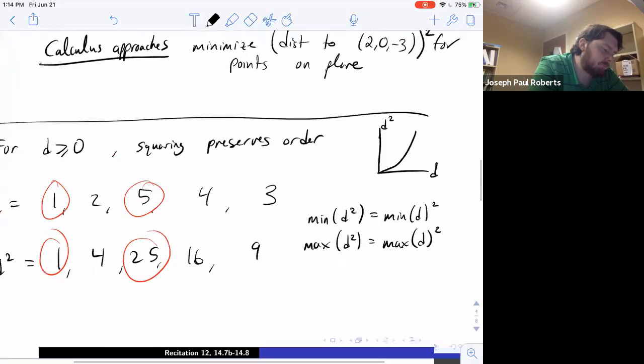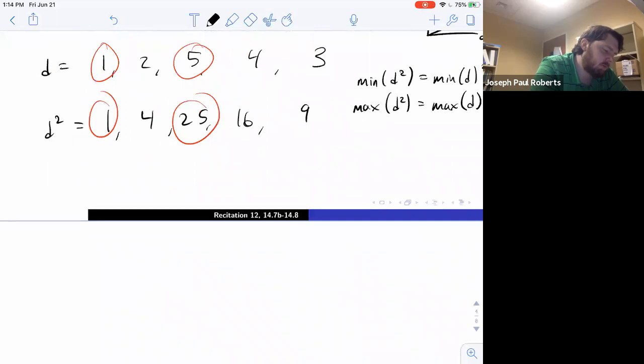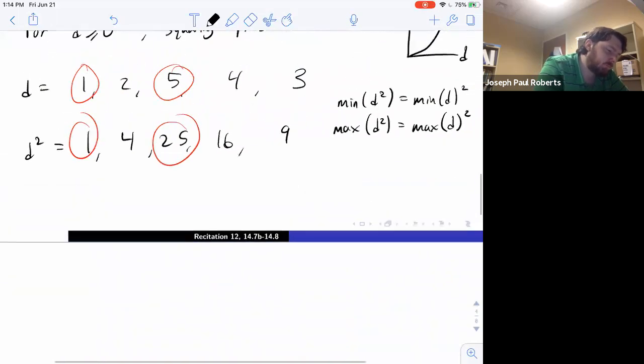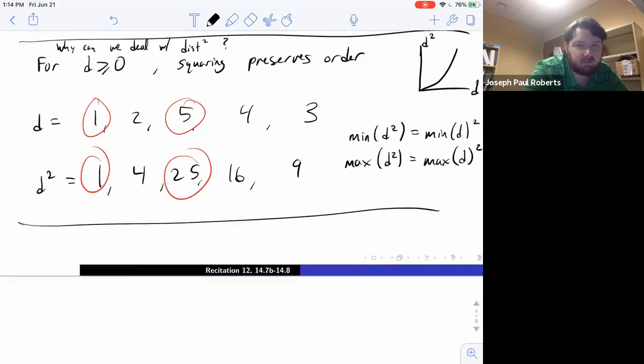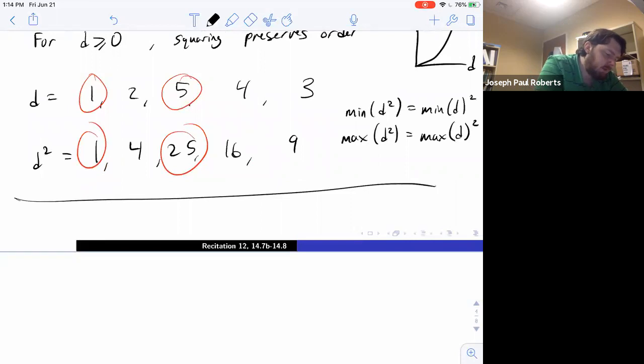Okay, so how are we going to set that up? Why can we deal with distance squared? That's what this little box is explaining. So anyway, we want to minimize, well, think about our distance formula, distance from (x, y, z) to (2, 0, -3) squared.